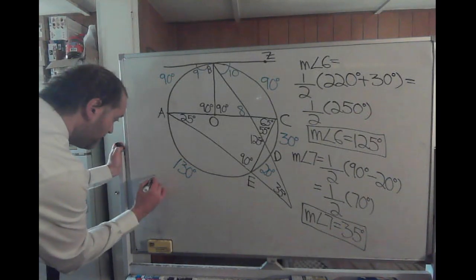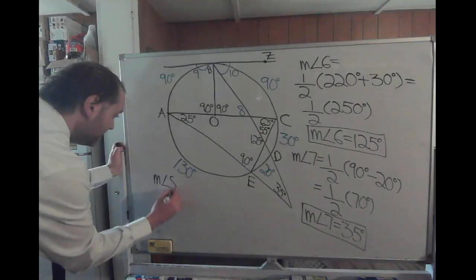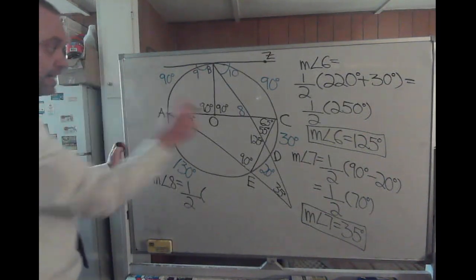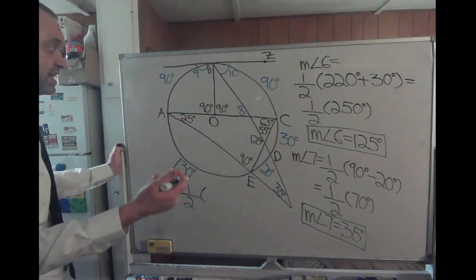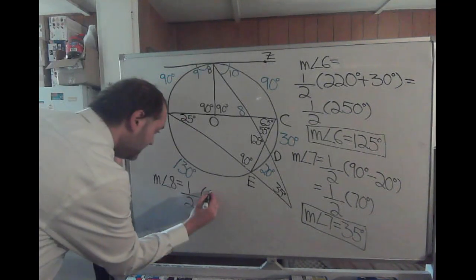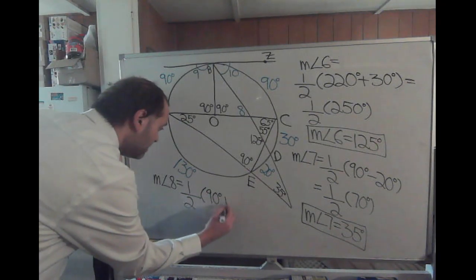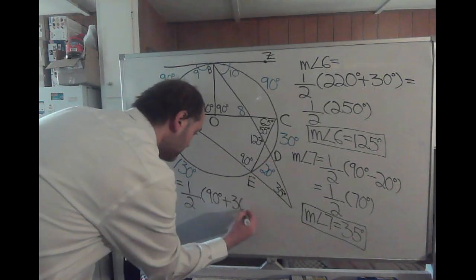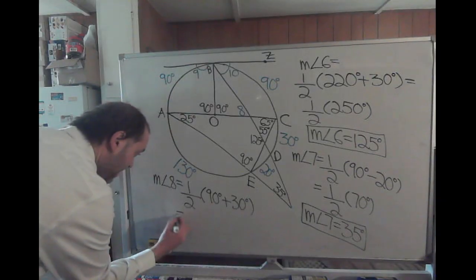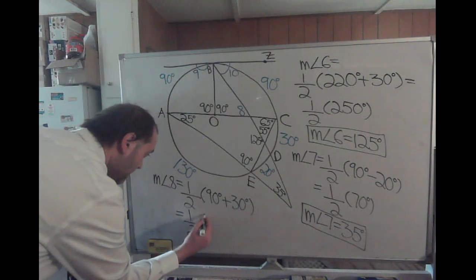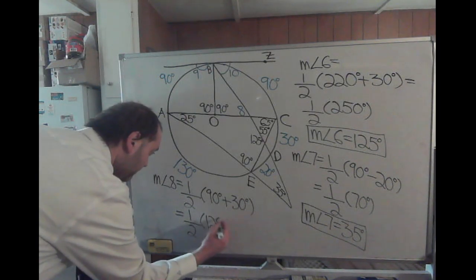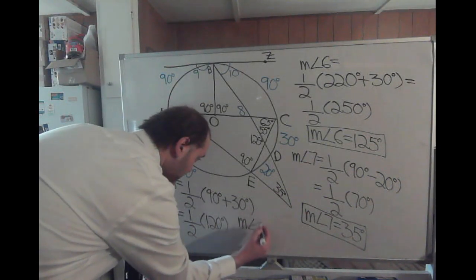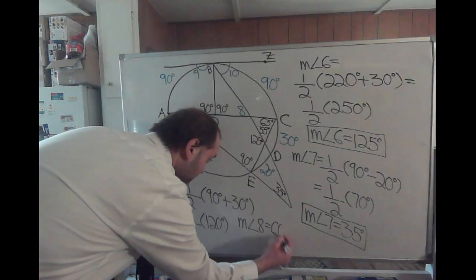So the measure of angle 8 is going to be equal to half the sum, since it's an angle formed by two intersecting chords inside the circle, of the 90 degrees plus the 30 degrees, which would mean it's half of 120. Well, what is half of 120? That's 60. So the measure of angle 8 would equal 60 degrees.